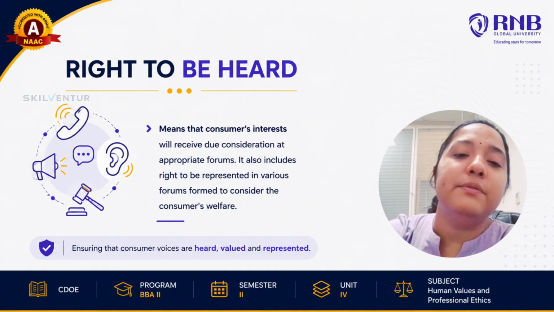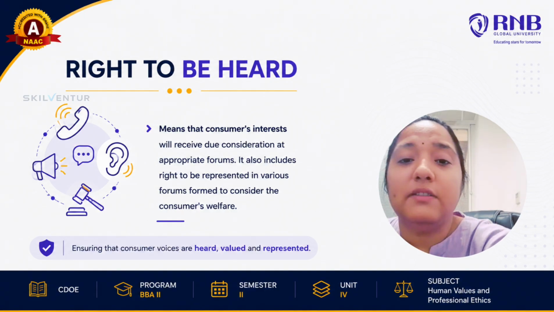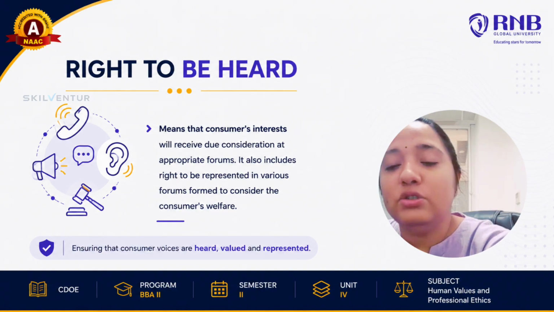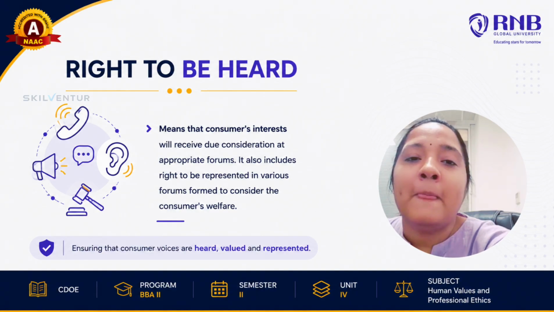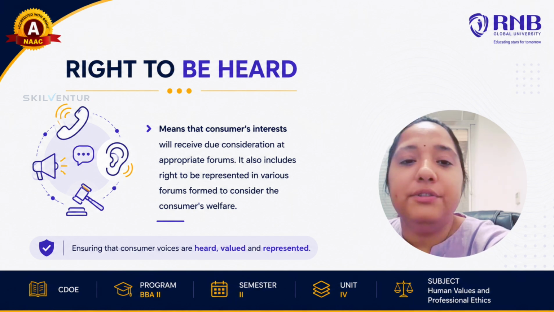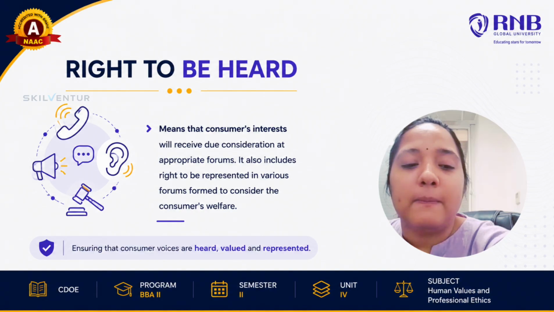In today's world, many companies have set up customer care services and grievance cells to ensure that consumers' voices are heard and their problems are addressed. So to conclude, the right to be heard gives power to consumers, ensures fairness, and helps build trust between consumers and businesses.